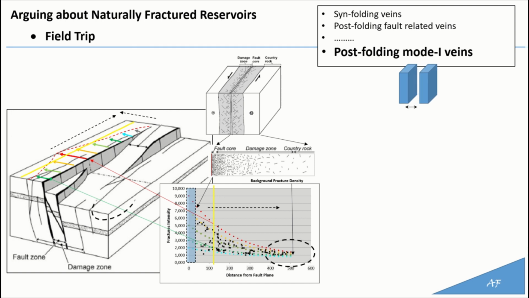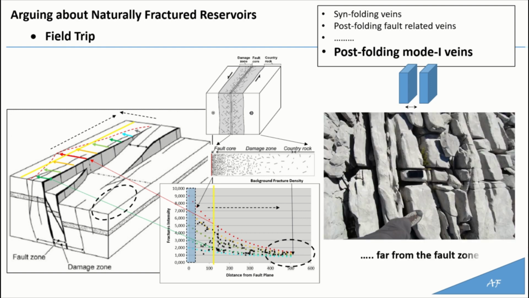It is therefore the description and estimation of the mode 1 veins affecting the country rock that generally define the reservoir characteristics. Therefore, being the target of this virtual field trip people involved in a fractured reservoir study, we focus the attention on these mode 1 fractures that, very widespread in our area of interest, occur far from the fault zone and record the regional stretching direction during their opening.